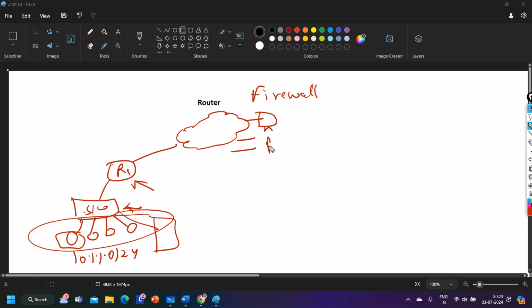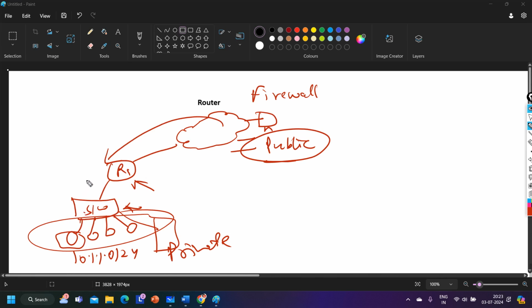So as the public network is not secure, the private network is very secure. So I will not allow traffic from the public network to the private network directly. First, I will put a device that is going to check the traffic. If the traffic is genuine, then only I will allow it. Otherwise, I will discard it.